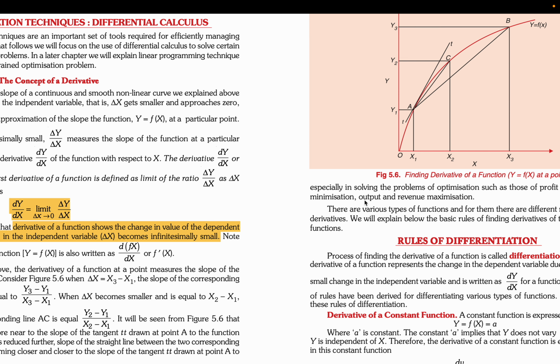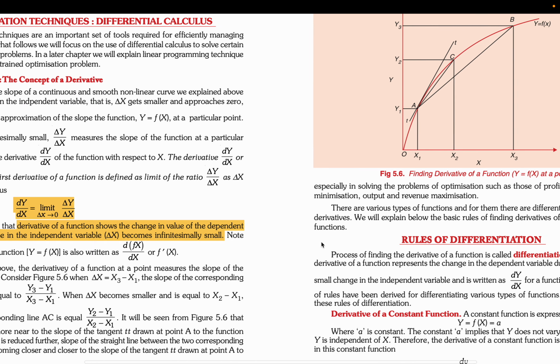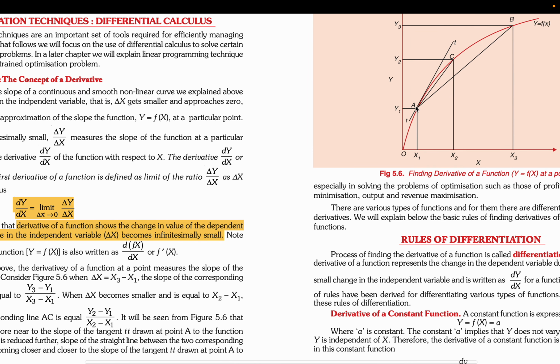So the slope of AB is going to be the change in y, which is y3 minus y1 written here, and the change in the value of x, so x3 minus x1 written here again.